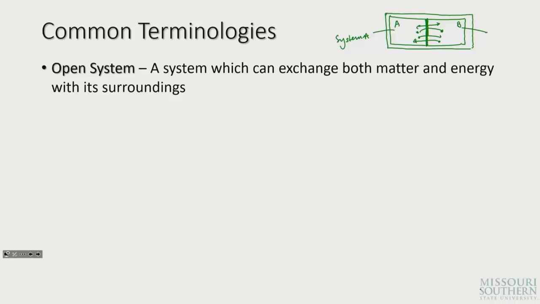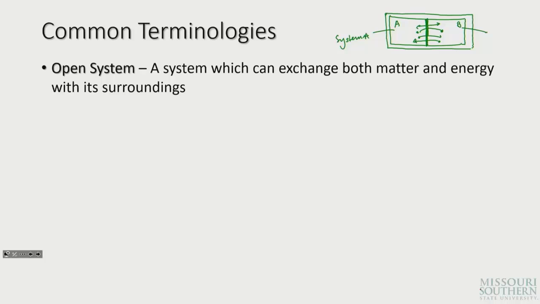So there is exchange of particles between A and B. Also, there can be exchange of energy between A and B. If both particles as well as energy can exchange between A and B, then the system is called an open system.